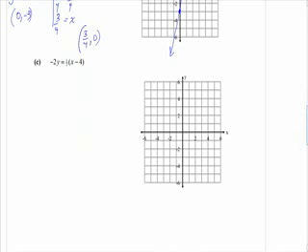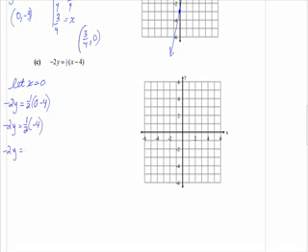Now, in part C, you could choose to simplify this first, but you do not need to. So start by saying let x equal 0. So I'd have negative 2y equals 1/2 times 0 minus 4. Keep simplifying. 0 minus 4 is negative 4.